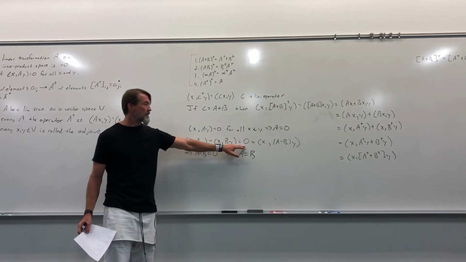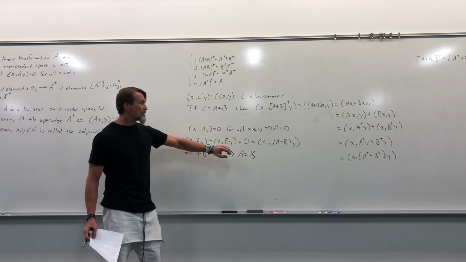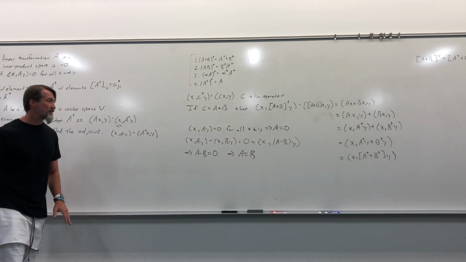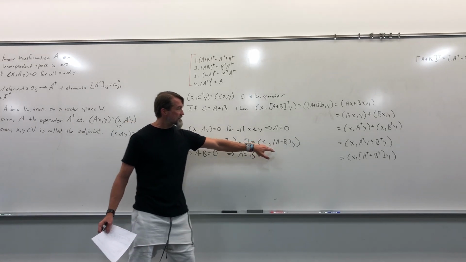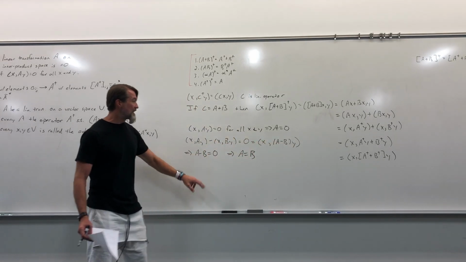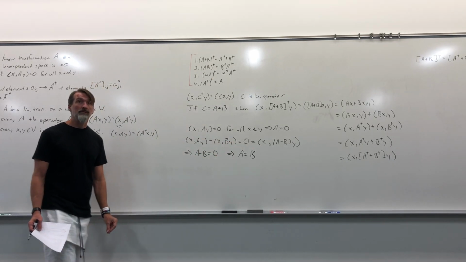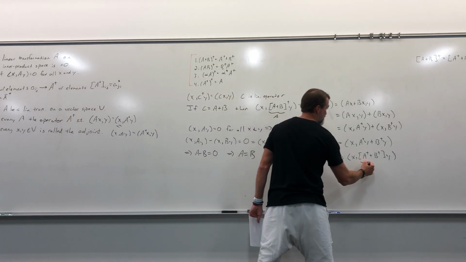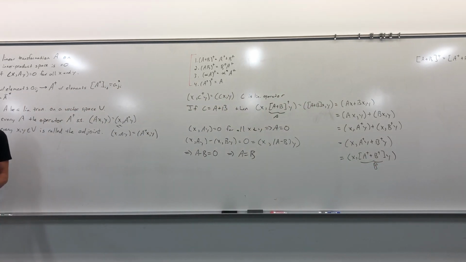Their difference is 0, but I can go about using the linearity of both the inner product and the linear transformation to argue that that implies that for any x and any y, this inner product vanishes, but that's telling me that A minus B equals 0, which tells me that A is equal to B. Again, I'm just skirting this. I'm calling this A, I'm calling this B. Everybody follow that?